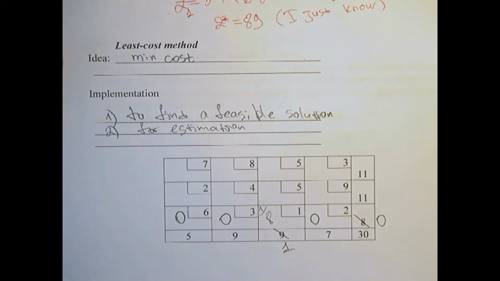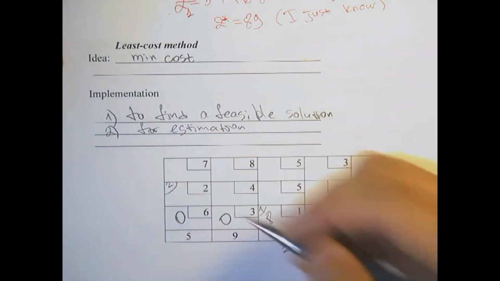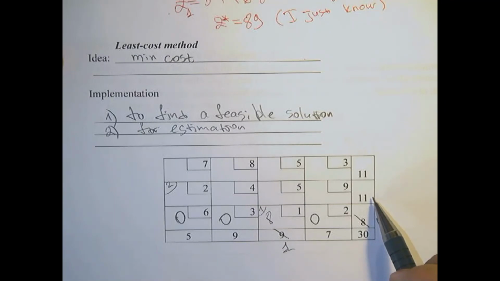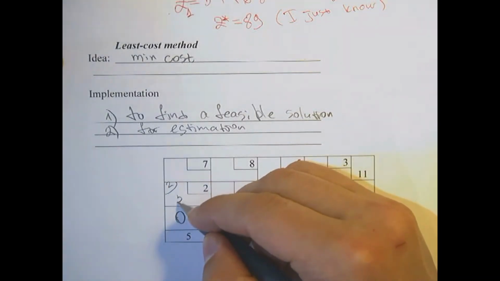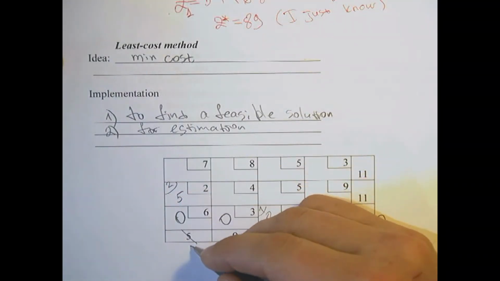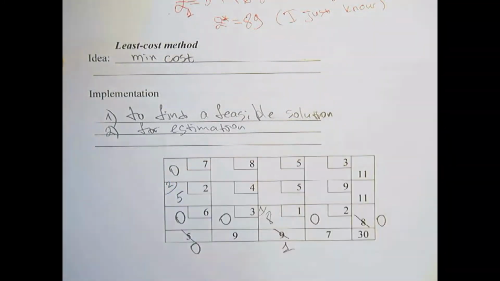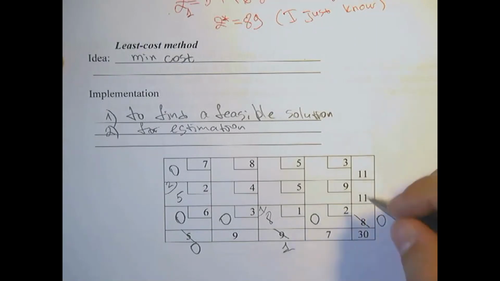Let's continue with this table, and the next minimum cost is 2. It is the second step. We deliver here the minimum of 11 and 5. The minimum is 5. So the first customer is satisfied, and now for the second supplier we reduce the supply volume from 11 to 6.